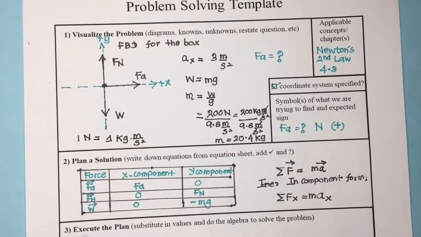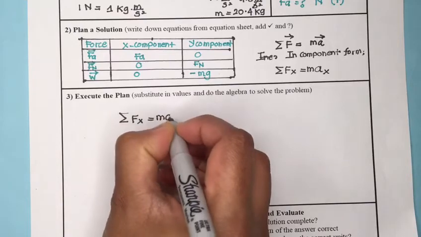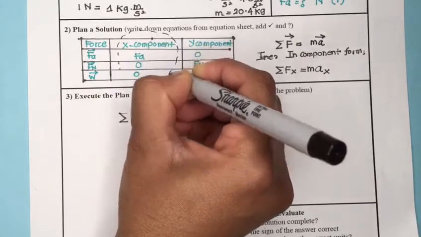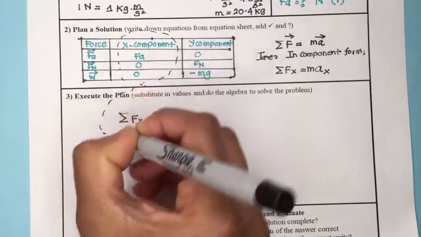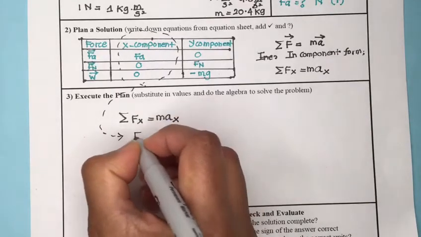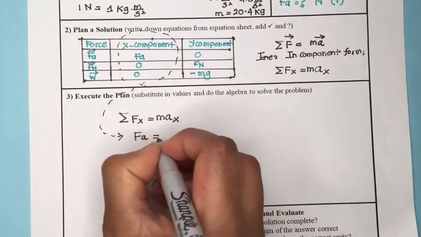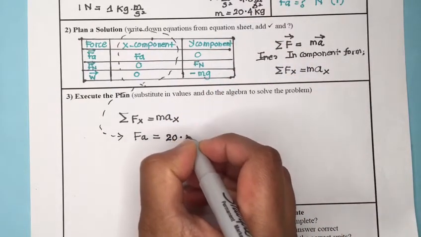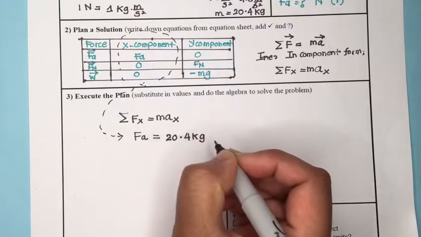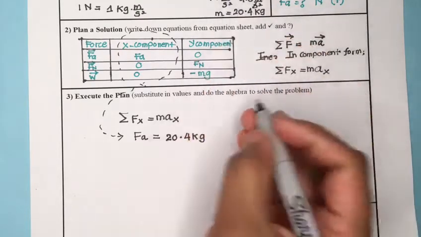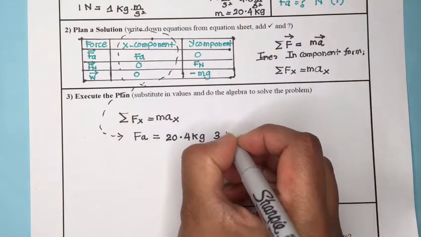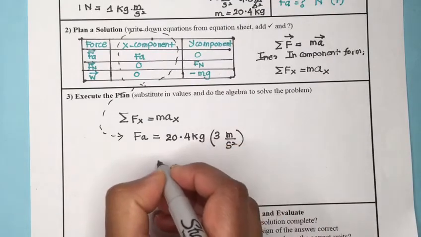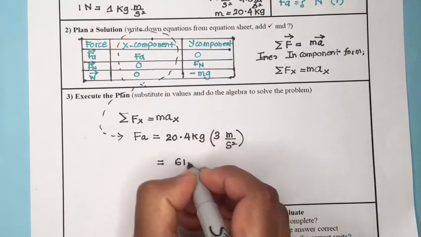And now let's execute the plan. Net force is equal to mass times acceleration, and let's look at all the components of forces acting in the x direction. So this question is very simple. You just have one force acting in the x direction, and the mass is 20.4 kilograms times the acceleration, which is given in the question, 3 meters per second squared, and you get 61.2 newtons.